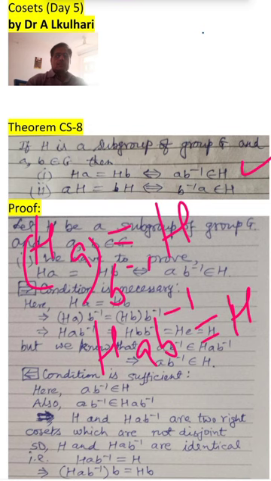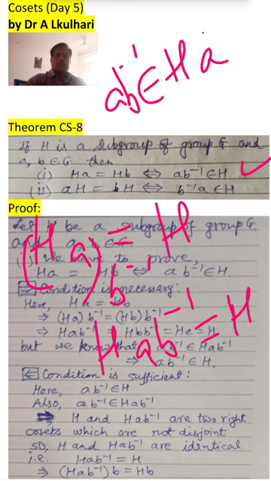But you know E is the member of HA. In a similar way, you can say that AB inverse is the member of HAB inverse.